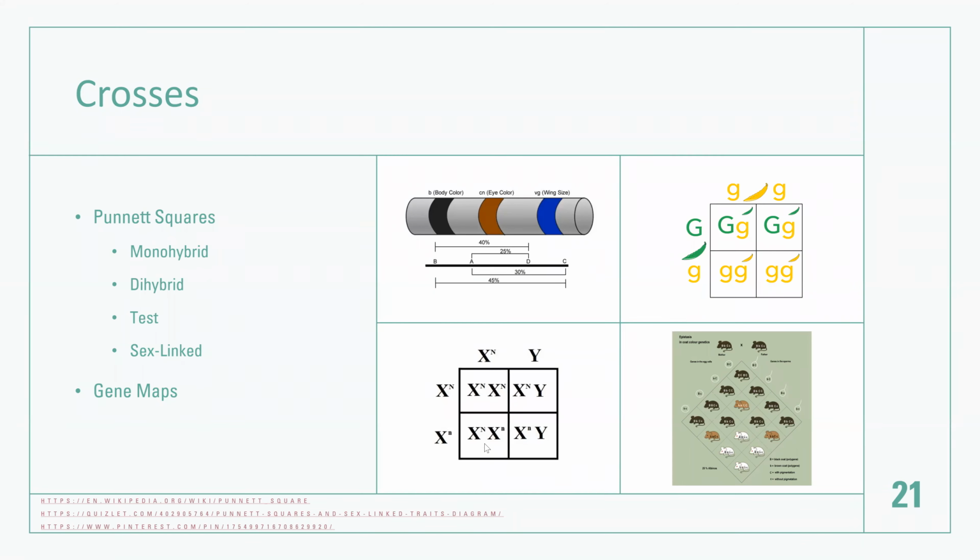A carrier doesn't exhibit the phenotype because they have a dominant allele to cover it up, but they can pass on the mutant phenotype to a male or a female in the next generation.